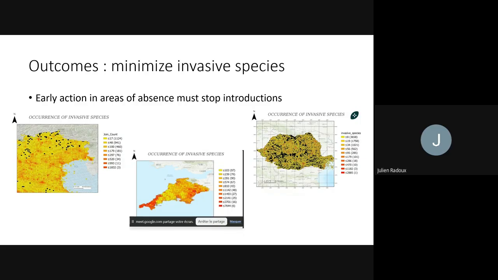We saw in Slovenia, for instance, they wanted to restore a grassland, but they brought some seeds from another grassland. Unfortunately, by bringing those seeds, they also brought some invasive species. So the restoration of the grassland, of course, they will manage that, but for them it's extra work to remove the invasive species by bringing seeds from one place to the other.